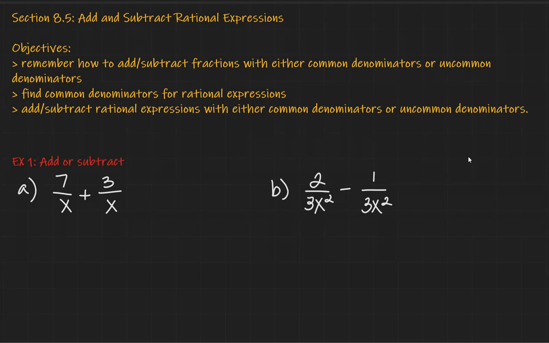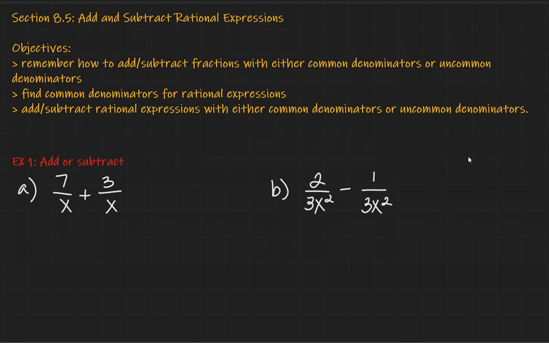All right, so let's get into it. In 8.5, we're going to add and subtract. We multiplied and divided in 8.4. Now we're going to add and subtract to complete the rest of our operations. The plan is to remember how to add and subtract fractions with either common or uncommon denominators, taking a step back to see how we did it when we were working with just numbers and not expressions.